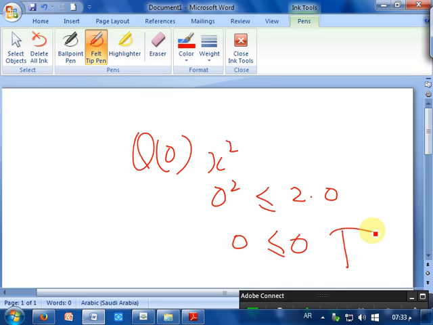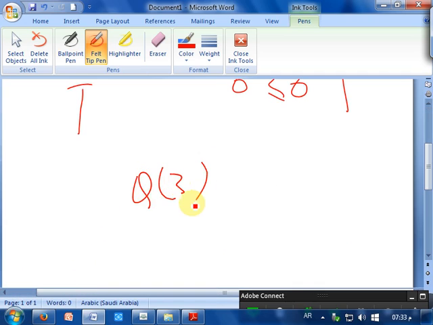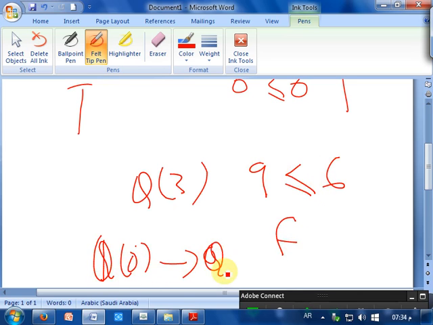It is true. Then it says Q of 3. What is Q of 3? It is 9, which is less than or equal to 6. It is false, right? So it says Q of 0, then Q of 3. That is true, then false.